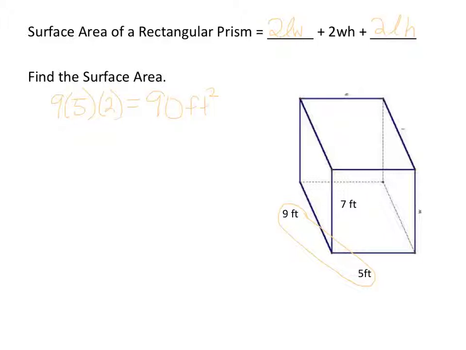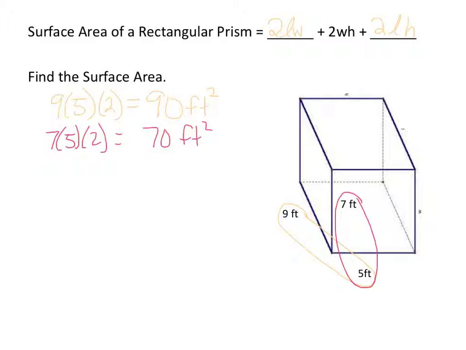Then our next one, I'm going to do 7 and 5. So I have 7 times 5 times 2, which is 35 times 2, which is 70 feet squared. So that takes care of the front and the back.